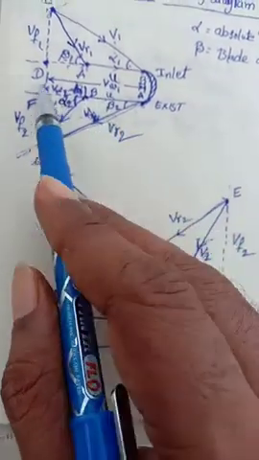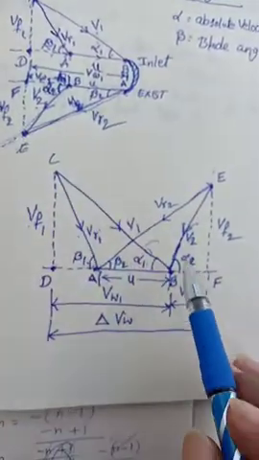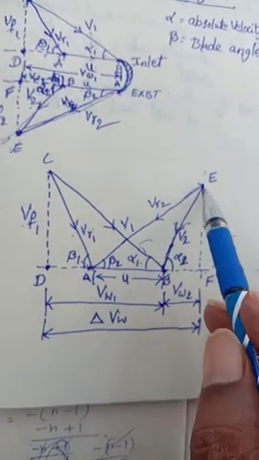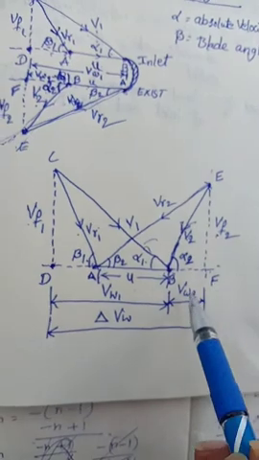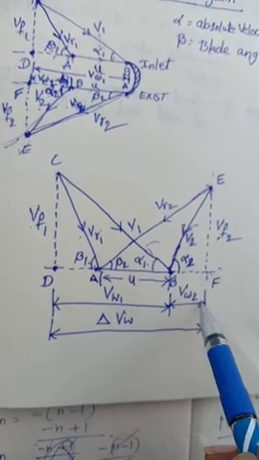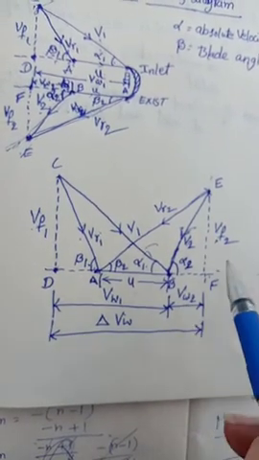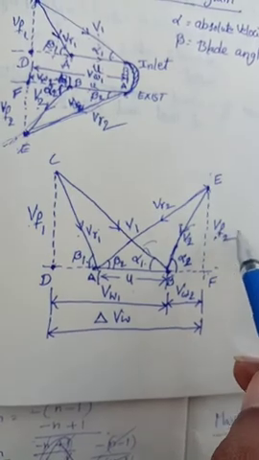Now go to the horizontal and vertical: the vertical portion is VF2 and the horizontal portion is VW2, the whirl velocity at outlet. This is the flow velocity at outlet.